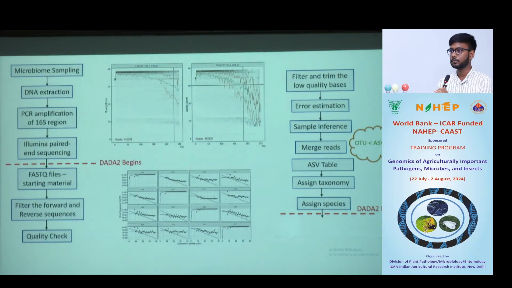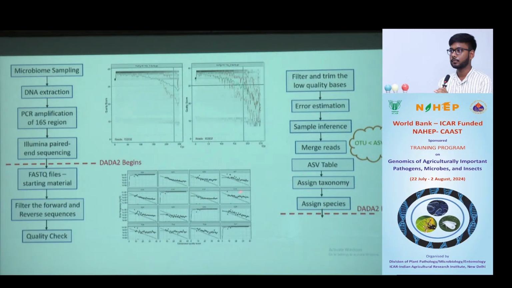But that is not good at distinguishing between two different species. That's why the later version is the amplicon sequence variant, which can distinguish two sequences with even one nucleotide difference. After preparing the ASV table, we'll go on to assign the taxonomy for each sequence.